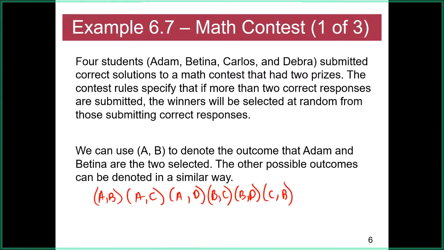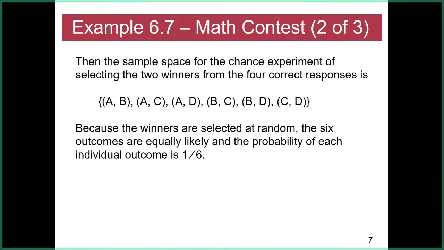Now, it's important that we ask ourselves, does it matter which one comes first? And as long as both prizes are the same, it does not. If the prizes were different, well then Adam and Bettina would be a different outcome than Bettina and Adam. But in this case, that's not true. It's the same prize for both people. So that's the same list we came up with.